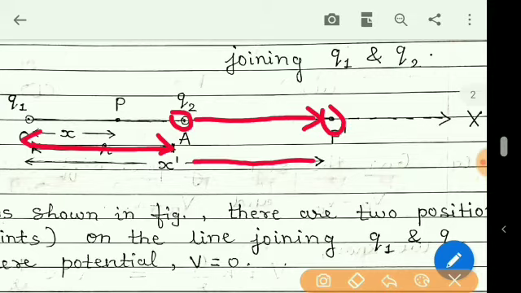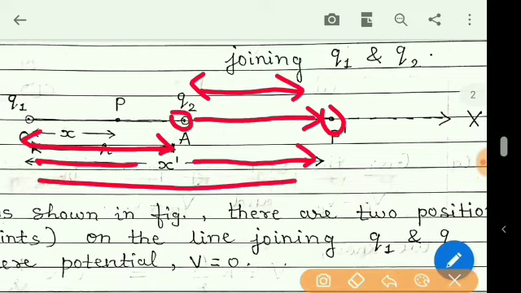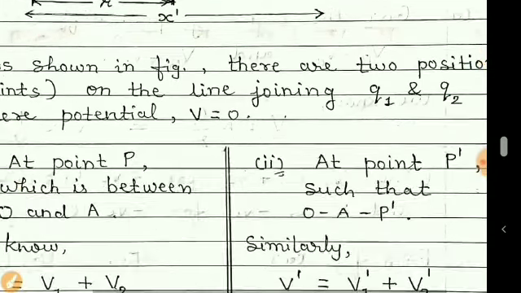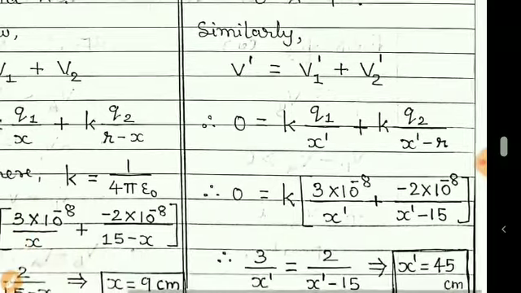This distance we have taken as X. So this much distance will be X minus R. So we have kept this.